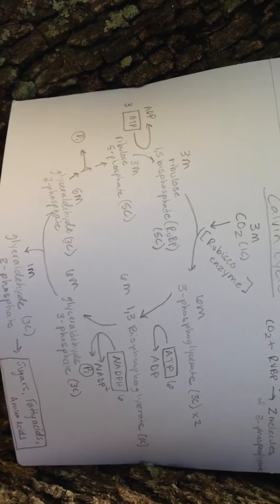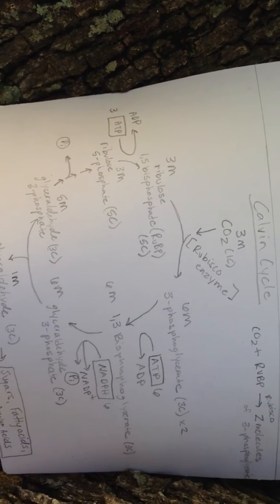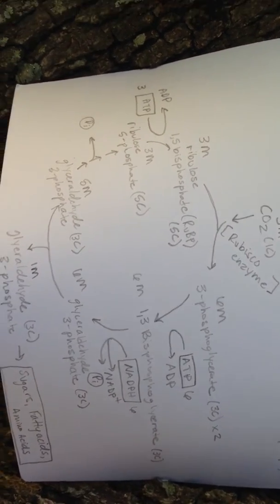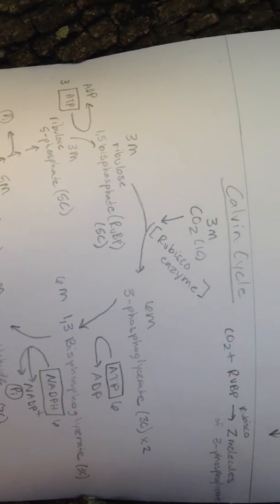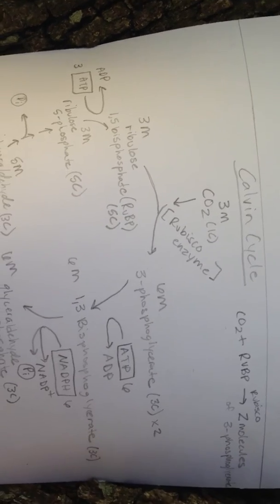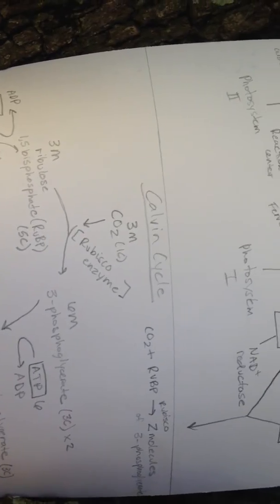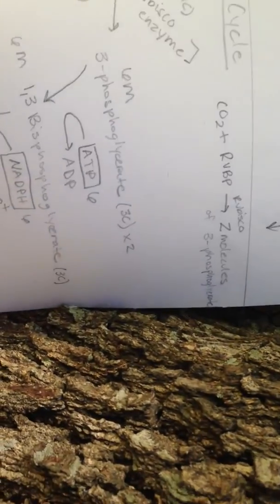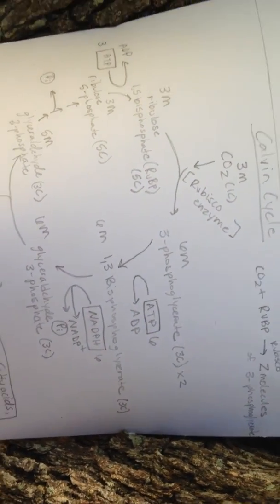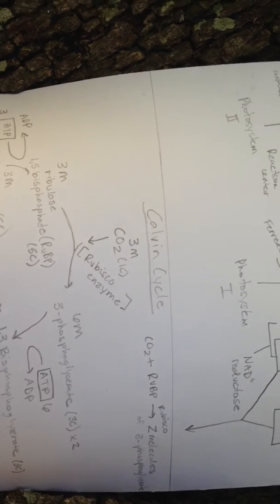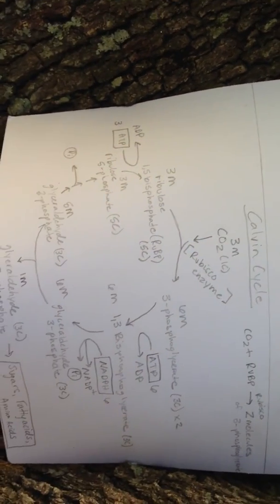Now let's talk a little bit more about how many. In order for this cycle to work, you have to have 3 molecules of carbon dioxide. That is because we need a 5-carbon sugar to make this molecule, but we only end up with a 3-carbon to start with. So you think, how do we get that? We need this cycle to turn 3 times.